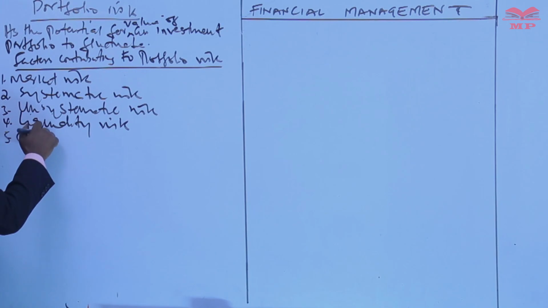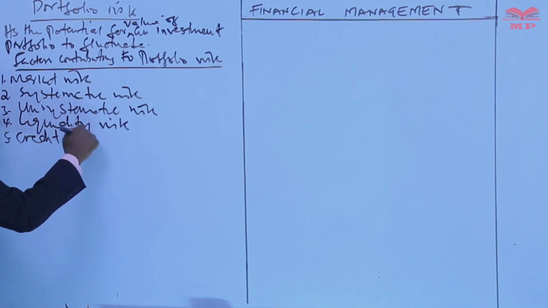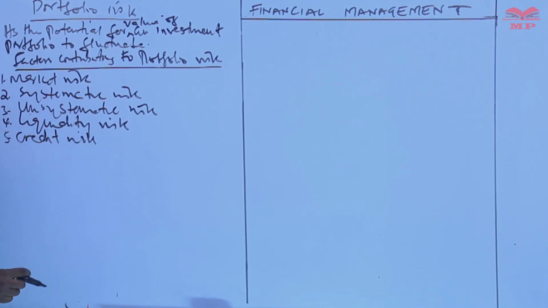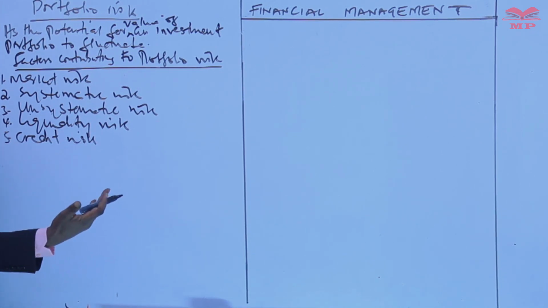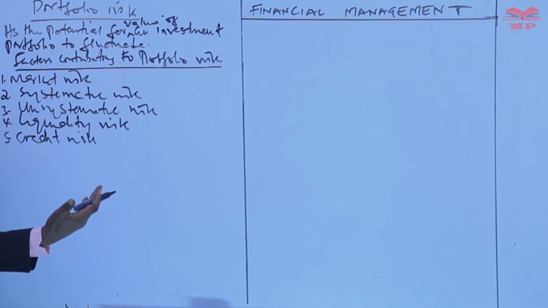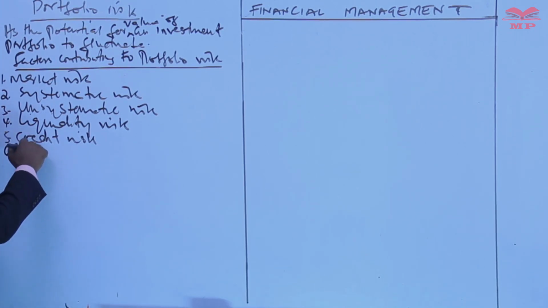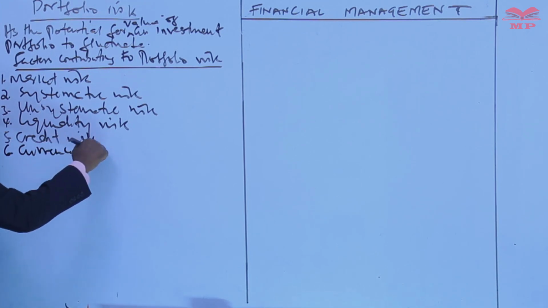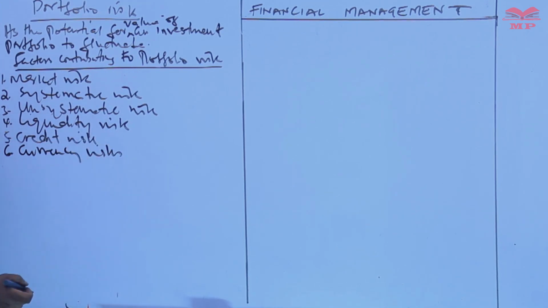5, credit risk. Now, credit risk is the risk associated with the possibility of default on debt obligations, such as corporate bonds or loans. Number 6, currency risks.